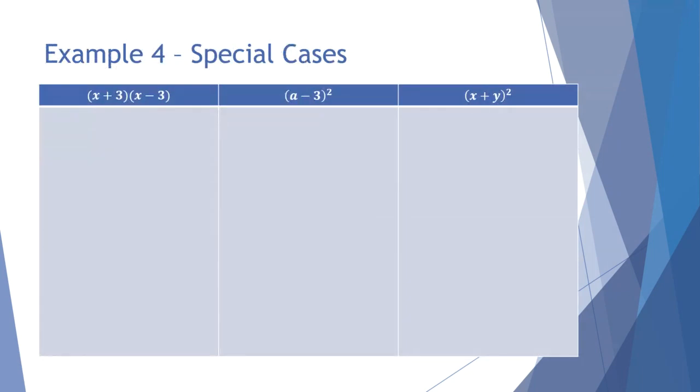So here are some examples. The first one here is x plus 3 times x minus 3. So this is the difference of squares, where you've got the same thing, just opposite signs there. So the middle terms cancel out, and this is going to give you x squared, the first terms, and then the last term, 3 times 3, so that's minus 9.